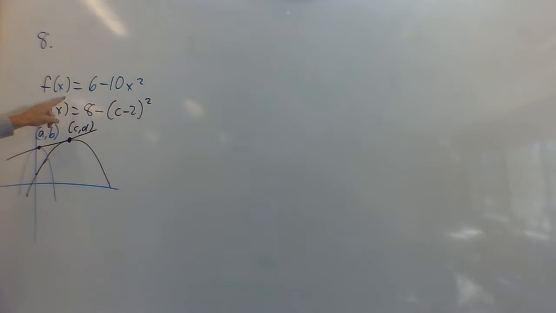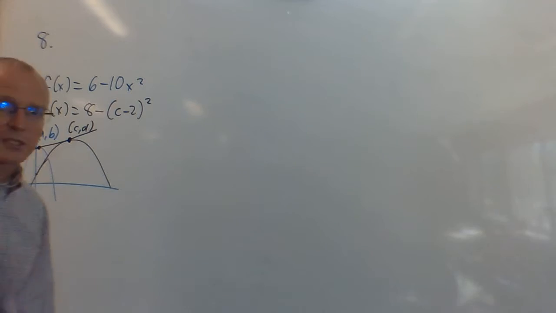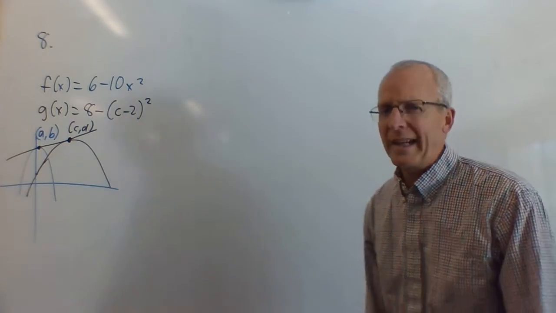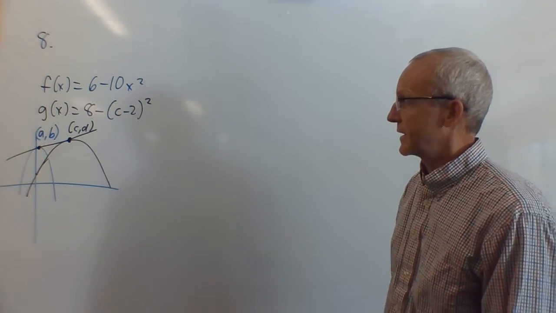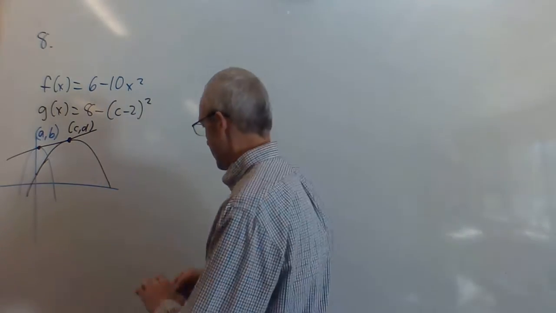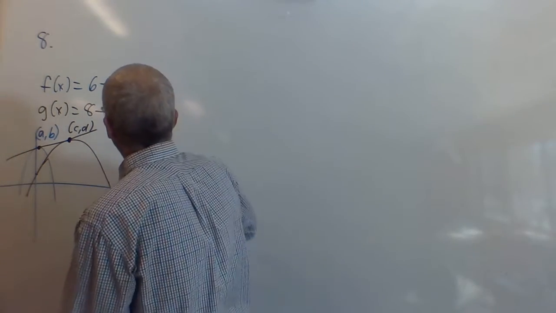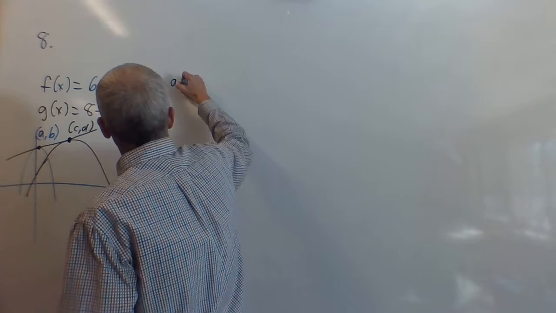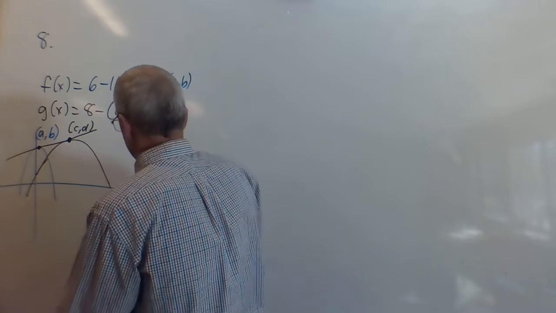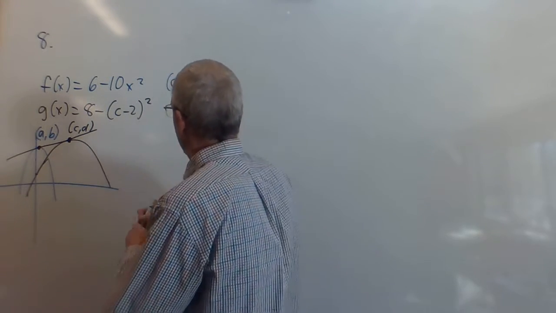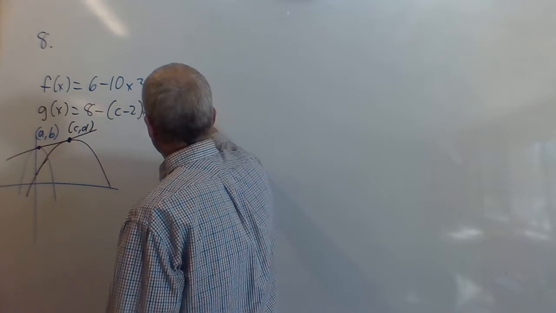I know that because this one hits 6 at x equals 0, which is where this one hit in the picture in the problem. It actually doesn't matter as long as we're consistent, okay? So the A, B goes with our f of x, and our C, D goes with this one. We'll call this point where it's tangent C, D.